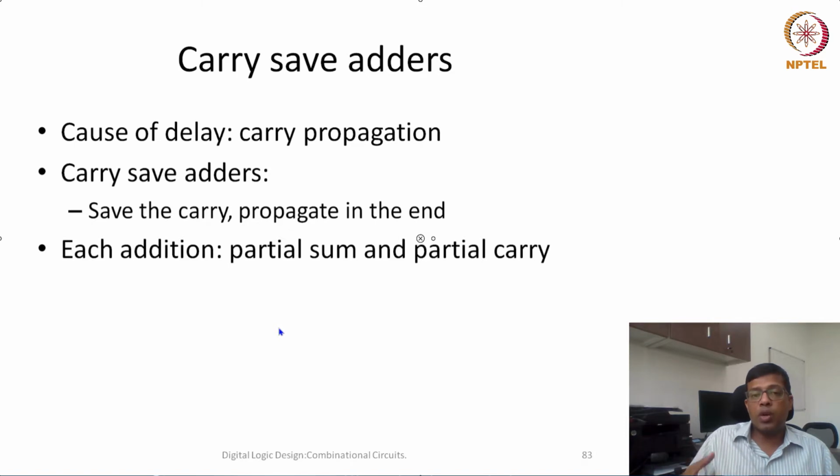So finally we can keep on adding all of them, and in the last step, when propagation is required, then we will do the propagation, and then the final sum would be calculated. So the overall advantage would be we would be able to save quite a good amount of time.